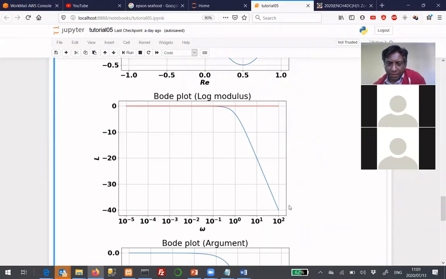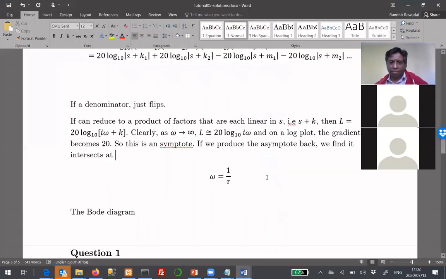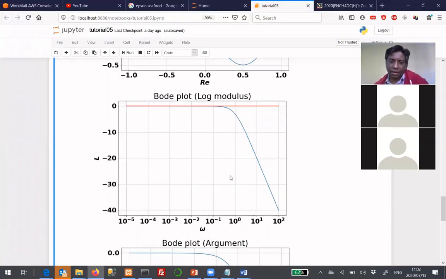So that's that line. And then we know that if it's linear in S, then it's going to be a straight line down like that. Then the question is, where do I put this straight line? Where should I start drawing this asymptote down like that? And if you look up this kind of asymptote, you can show that at the value of omega is 1 over tau, that's where this line is going to intersect with that straight line there. So it's as easy as that.